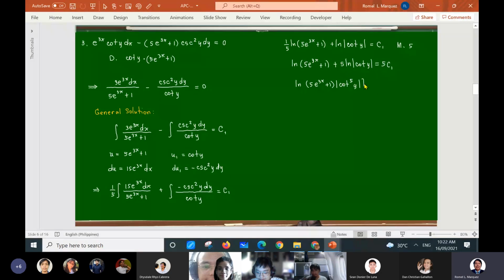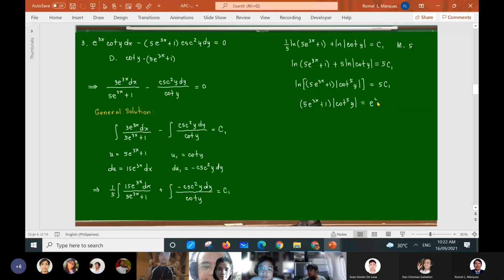Okay, guys? Children, I can still simplify this by making each side exponent of e. So it is now 5 e to the 3x plus 1 absolute value of cotangent to the fifth y is equal to e to the 5c1. So I can remove the absolute value on the left side by having only 5 e to the 3x plus 1 times cotangent to the fifth y, and then it is equal to plus or minus the right side, no?